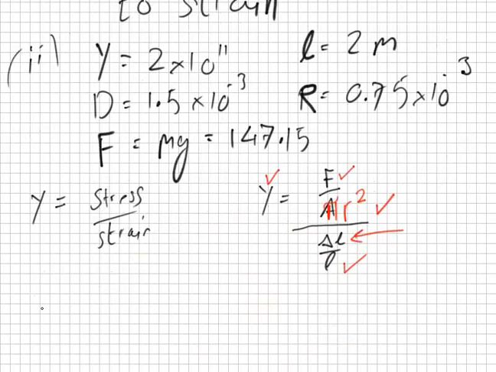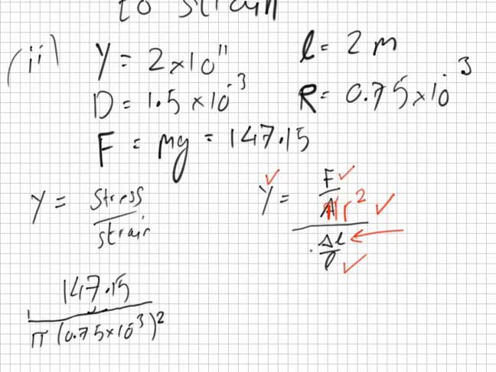So let's put in the numbers. We have 147.15 divided by pi times 0.75 times 10 to the minus 3 squared. Clean that up a bit for you. 147.15, I'm just going to bring this up to the left, equals delta L over L multiply Young's modulus.